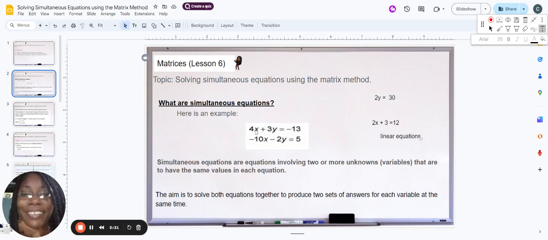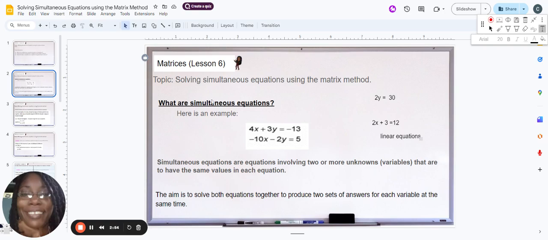So here it says 4x plus 3y is equal to negative 13. And the equation below it says negative 10x minus 2y is equal to 5. Here we have two unknowns, and we have to find the values of both unknowns, and we're doing so together.